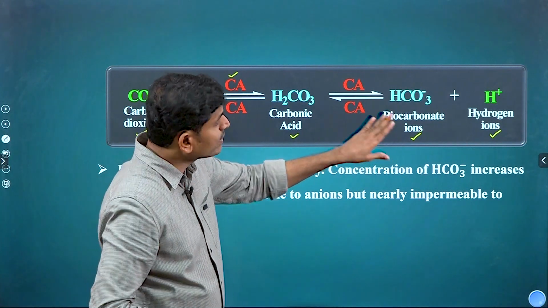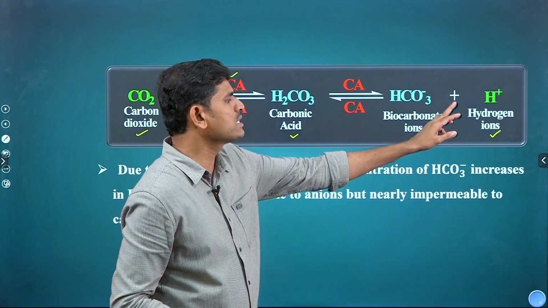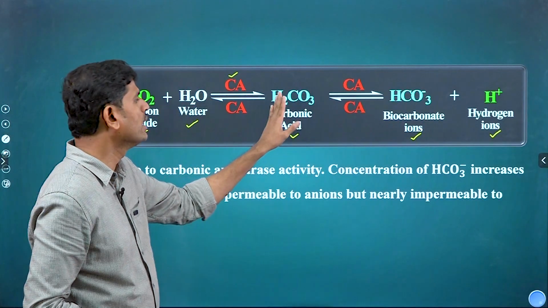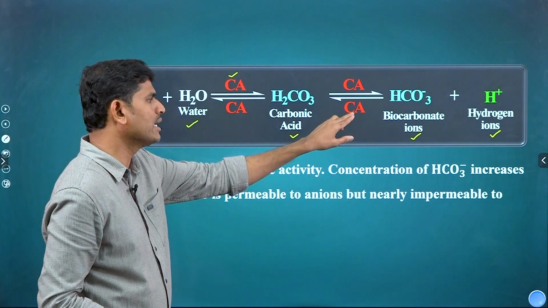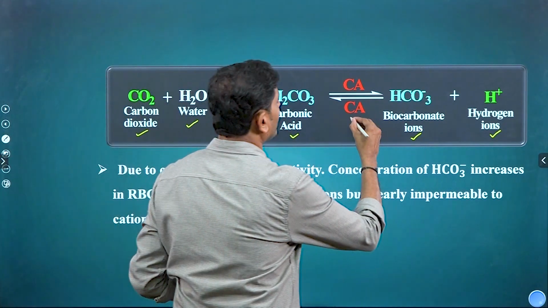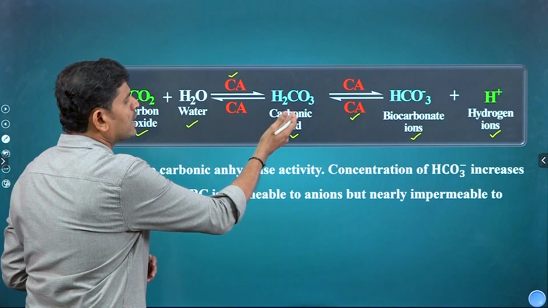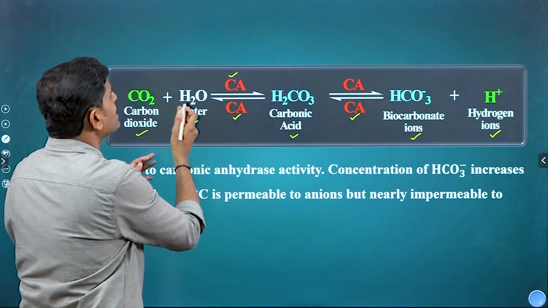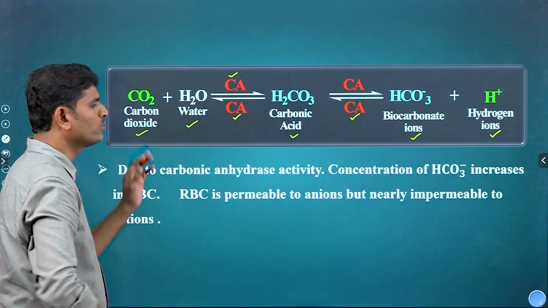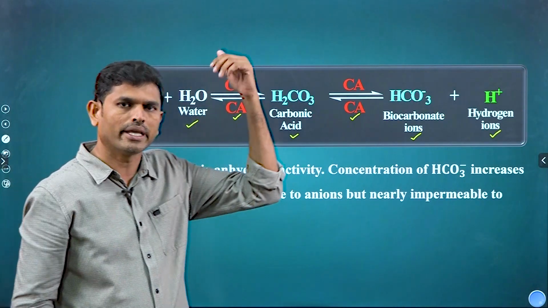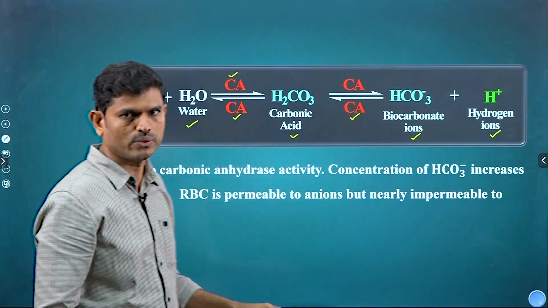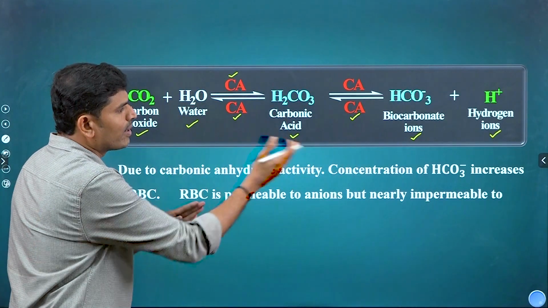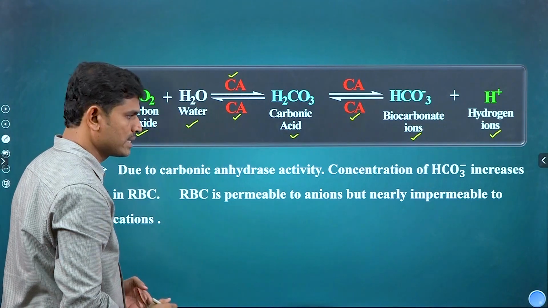And this is a reversible reaction. These bicarbonate ions and hydrogen ions can form H2CO3, that is carbonic acid, in presence of the same enzyme. And this carbonic acid can divide into H2O and CO2. It enters into the alveoli, and from there onwards it may escape. So this is the bicarbonate ions method.